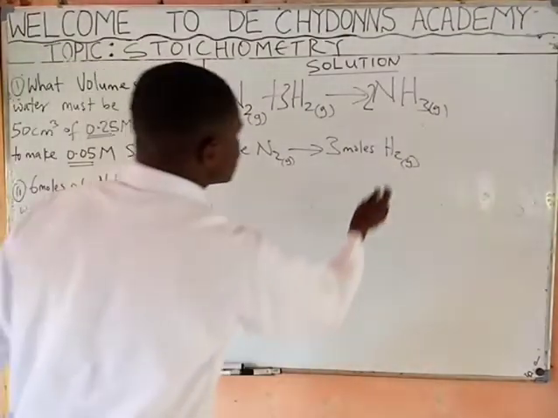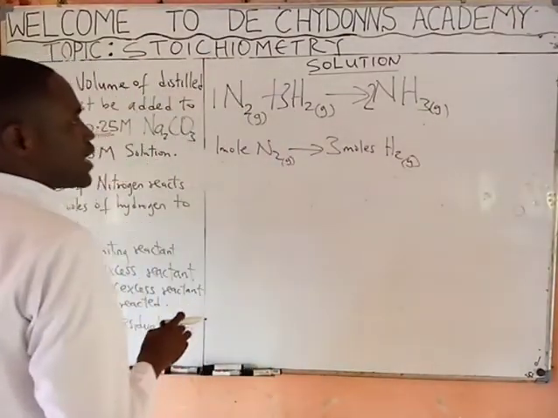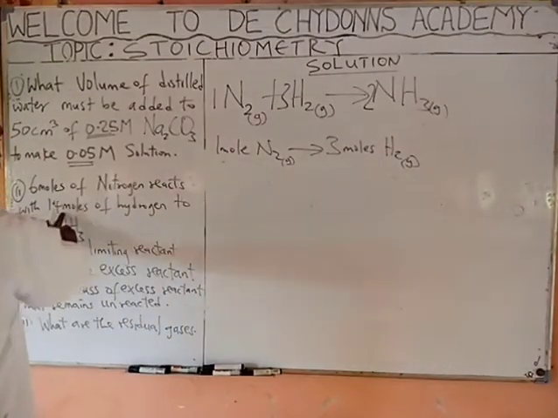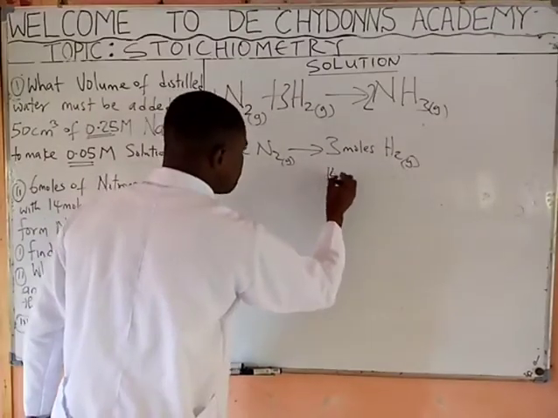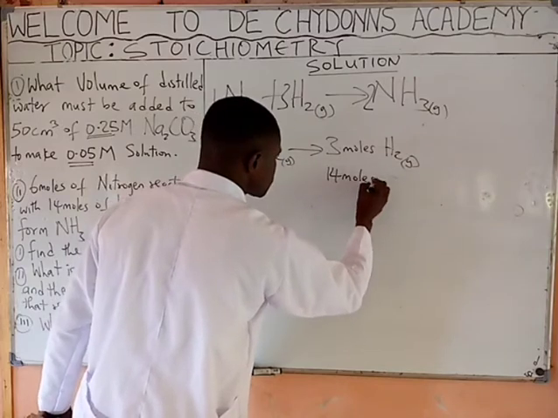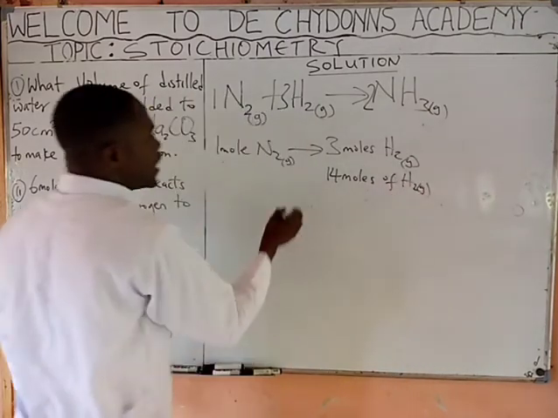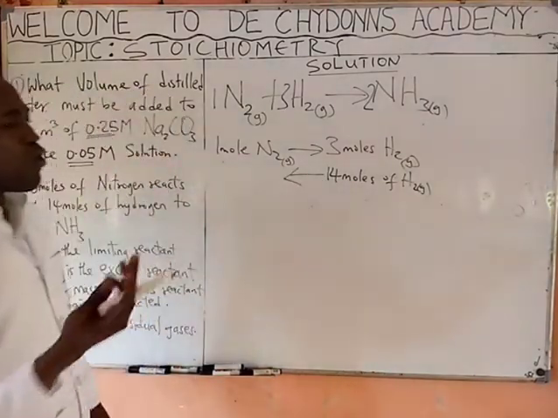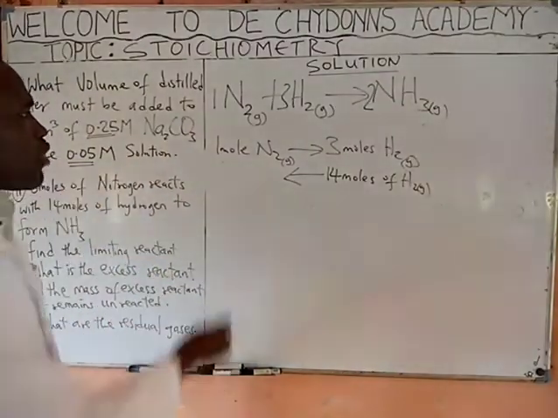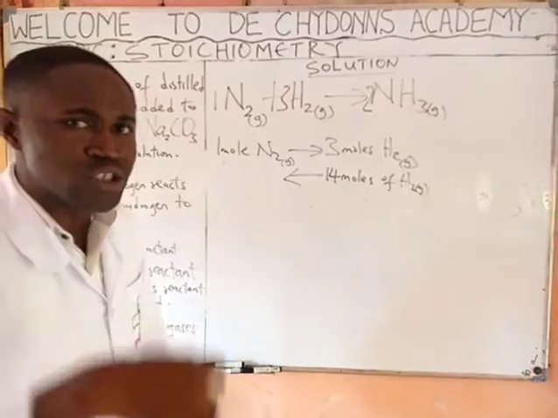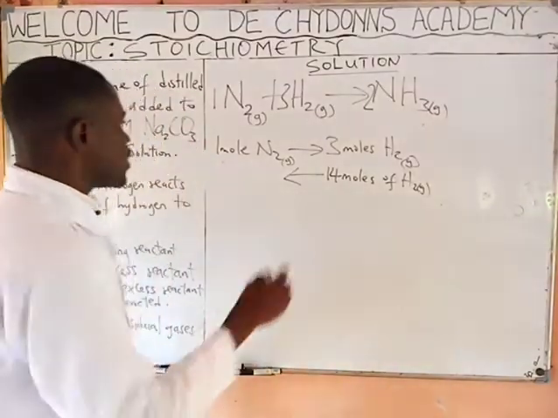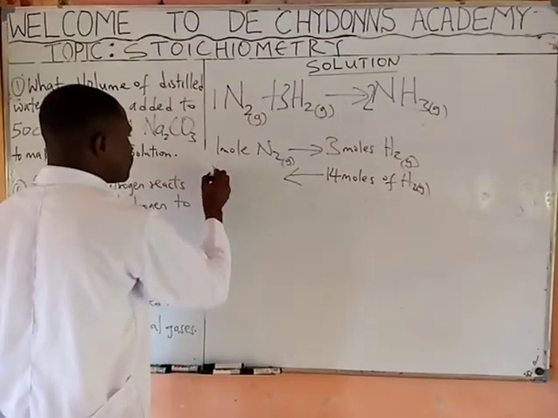Then, since hydrogen is limited, what quantity of hydrogen did he use here? He used 14 moles of hydrogen. That tells us that if we cross multiply, we will now get the actual amount of nitrogen he is supposed to use in the reaction. How do we get it? 14 times 1, 14.